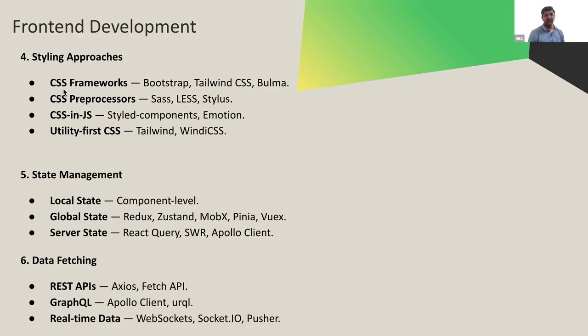CSS is something which tells the styling. Even if the button is there, how that button should be styled, should it be round, what color it should have. Those kinds of things are mentioned in CSS. And state management: every UI application has to do some state management, as in they have to know at what level your application is running.